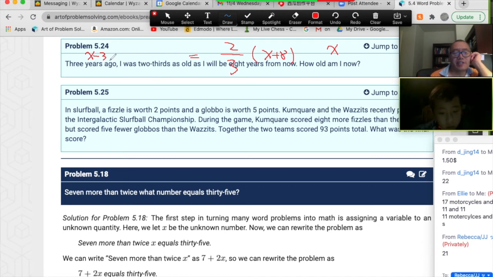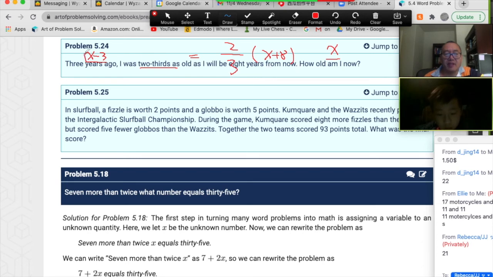Say 3 years ago, my current age is x. Then my age 3 years ago will be x minus 3. I was 2/3 as old as I will be 8 years from now.